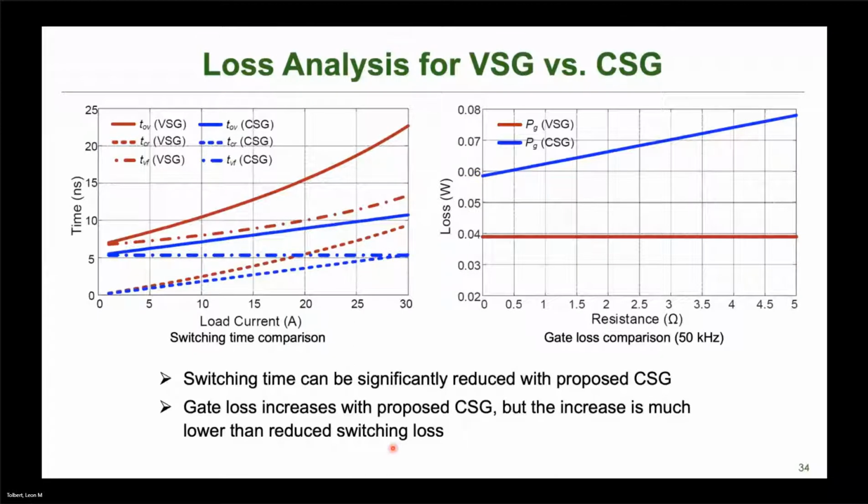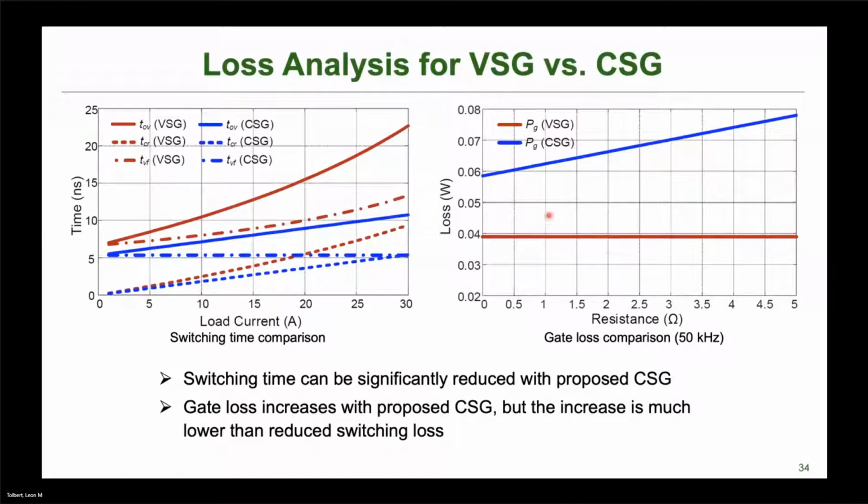So loss analysis, looking at those earlier curves that I showed you. This is showing the turn on switching time comparisons for the voltage source gate drive and current source gate drive, and you can see the voltage source turn on time is much higher than it is for the current source gate drive.